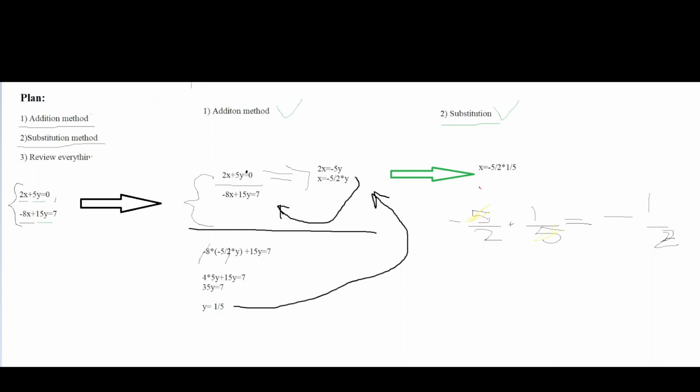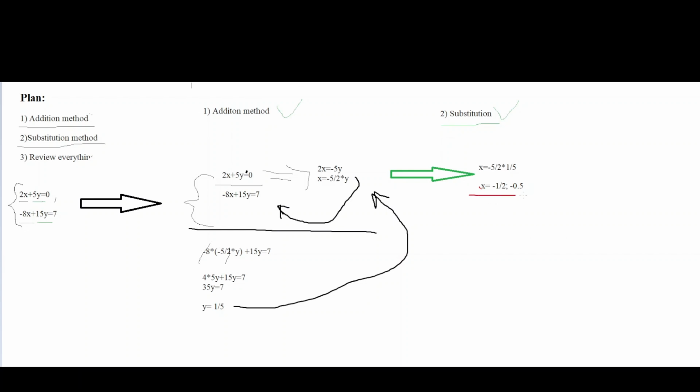The answer is minus 1 over 2, as it was previously, or negative 0.5. So again, we write down the answers like that. We found it, guys.